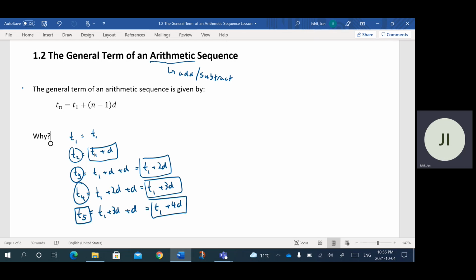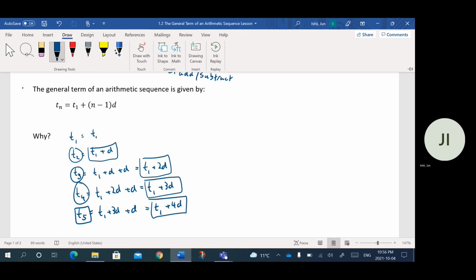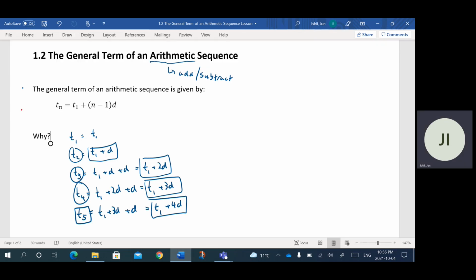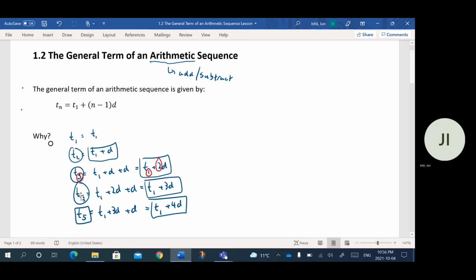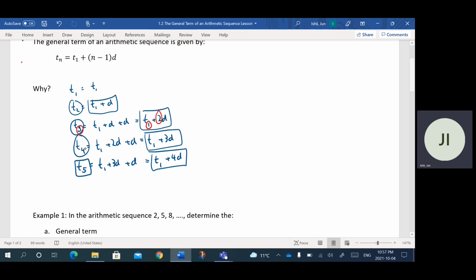T2 is going to equal the first term plus one common difference. T3, the third term, is the first term plus two common differences. The fourth term is the first term again, this time plus three common differences.